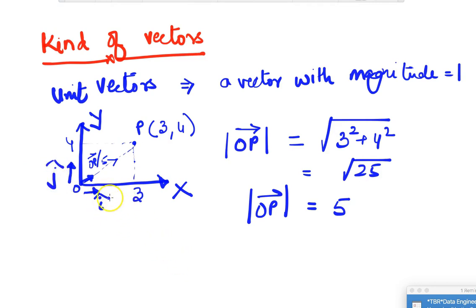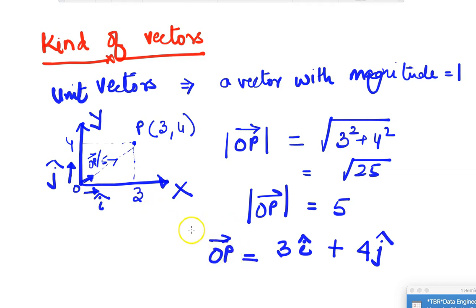And if we know the unit vector in the direction of x and y, we can represent OP vector as how much we are in the direction of x, which is 3, with its unit vector, plus the magnitude in the direction of y, with the unit vector along the y direction.